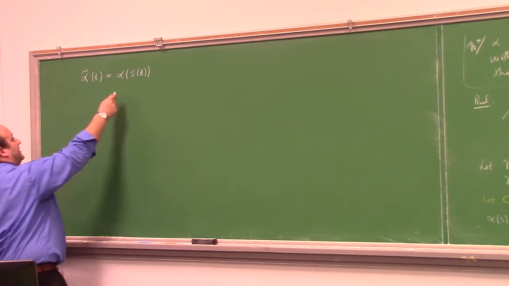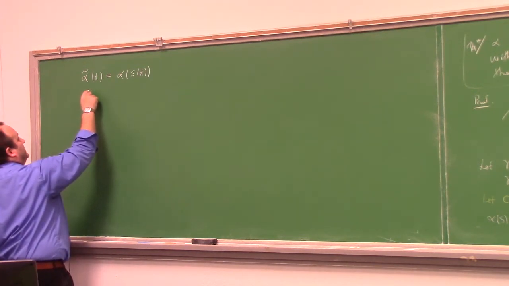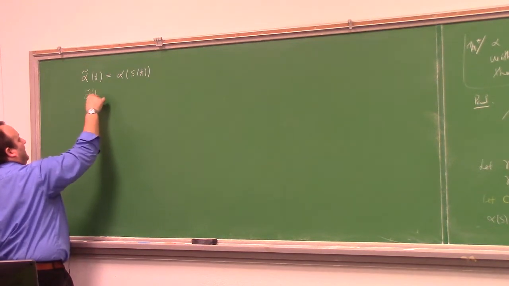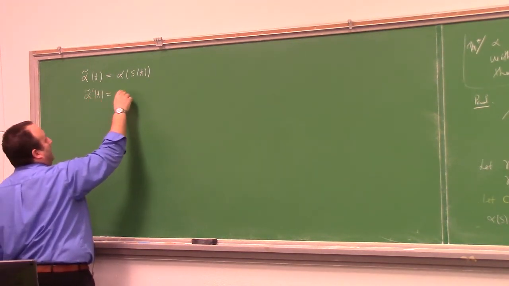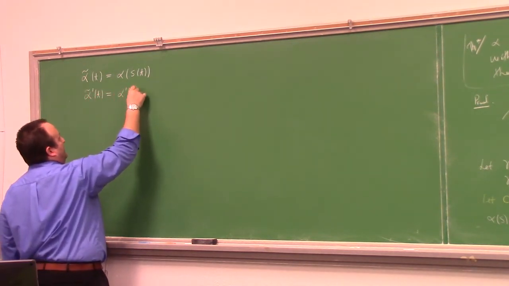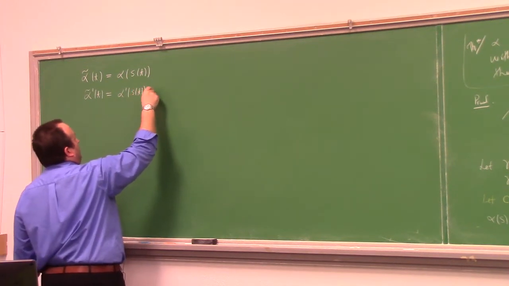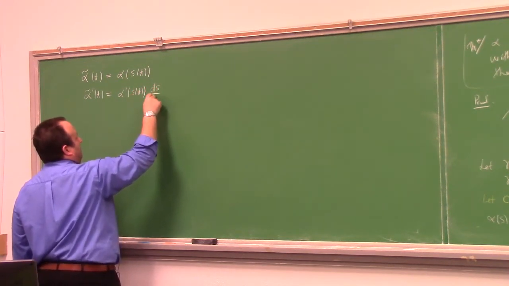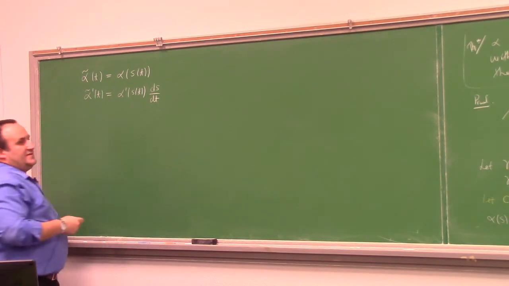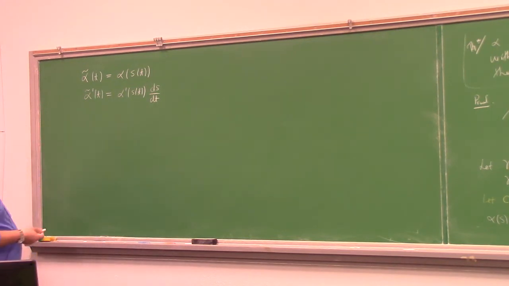But if you calculate alpha tilde prime, what do you get? You get alpha prime of s of t times ds dt. So that's the first thing. And if you don't mind, I'm going to drop the tildes, okay?